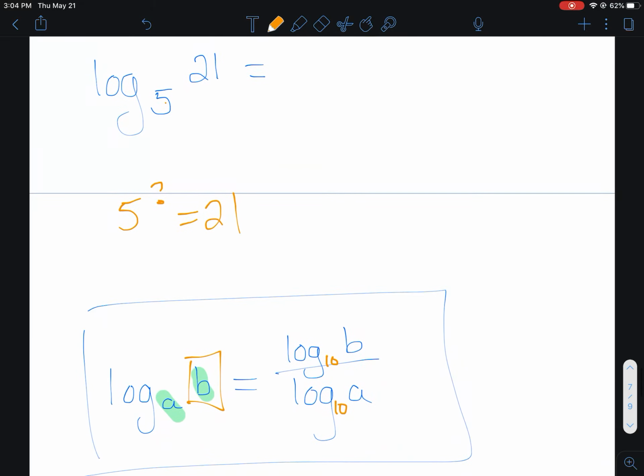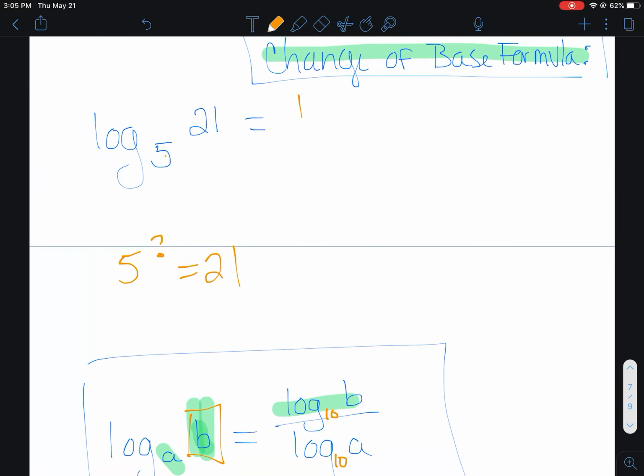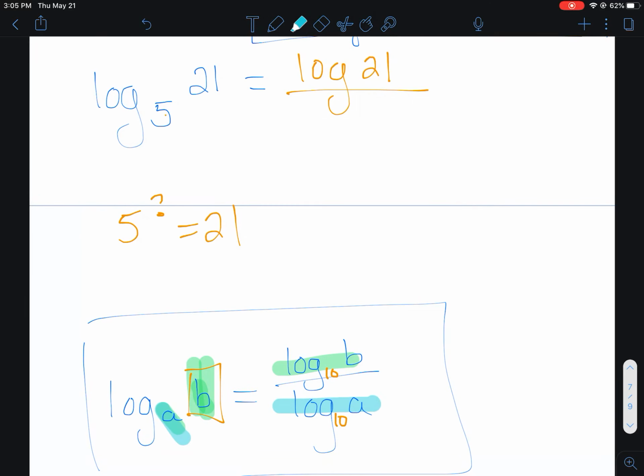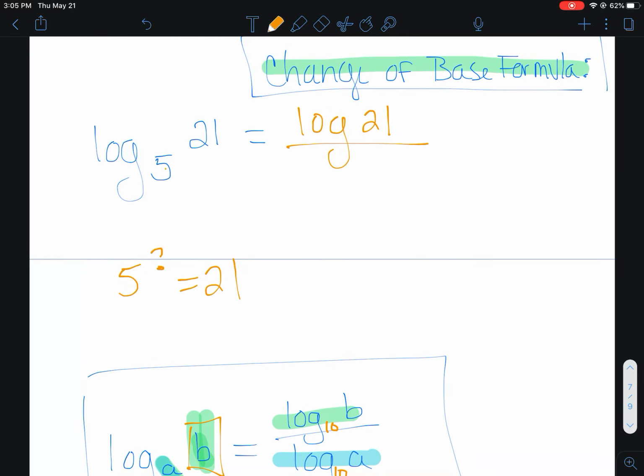So I'm going to rewrite this with my change of base formula. What you're taking the log of goes on top, so it's log of 21 divided by, and then what the base of the log was is what you put in the denominator. So divided by log 5.